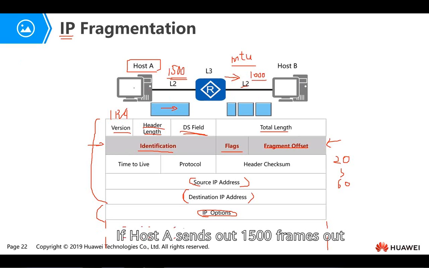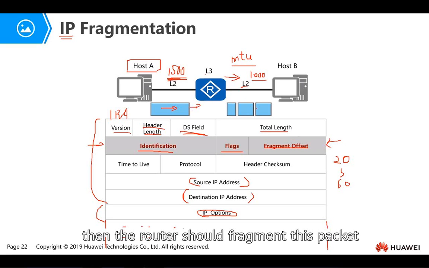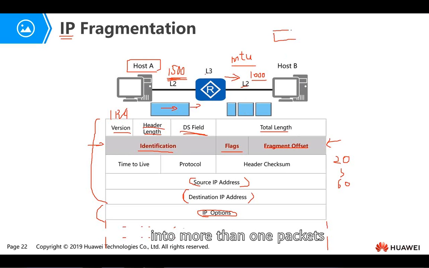So if host A sends out a 1,500 frame, the router should fragment this packet into more than one packet, one containing 1,000 and another containing 500. Then the packets can go to the destination.